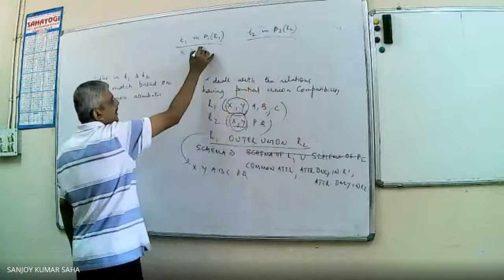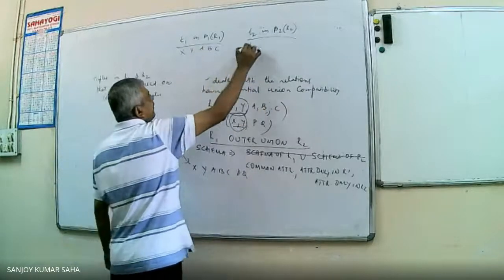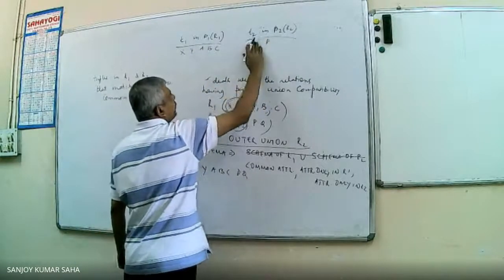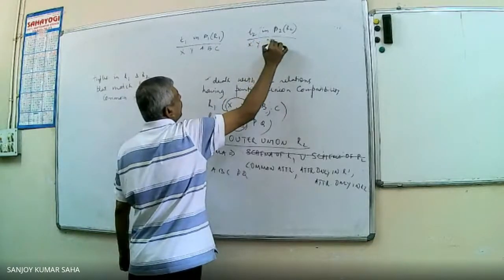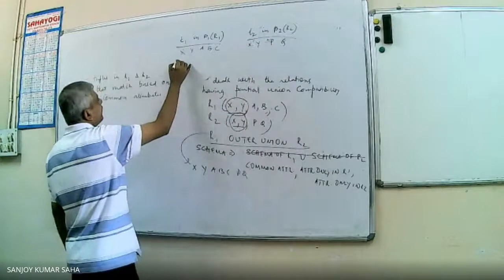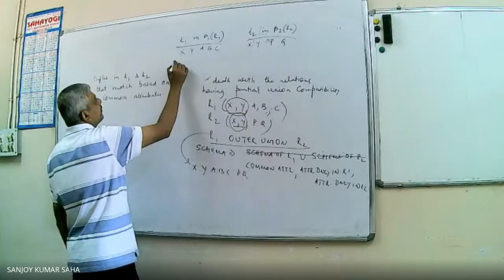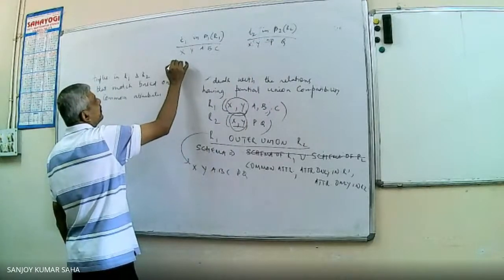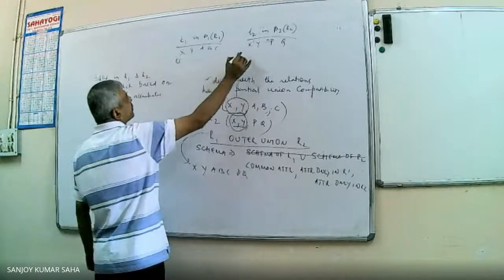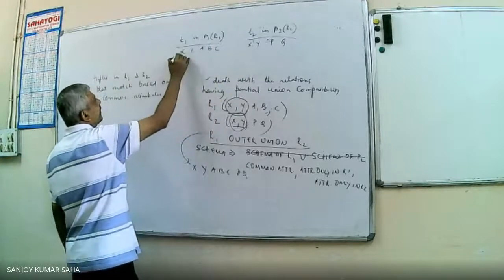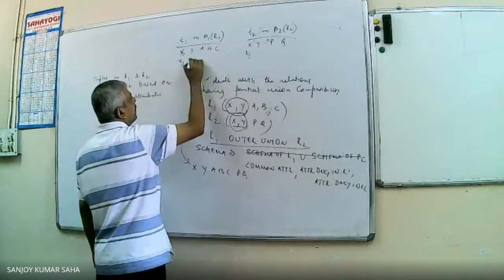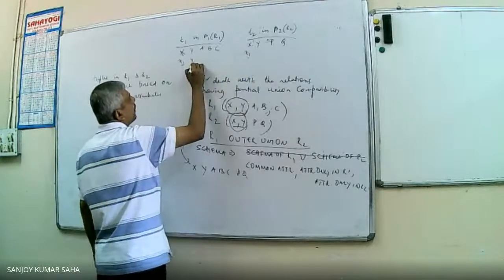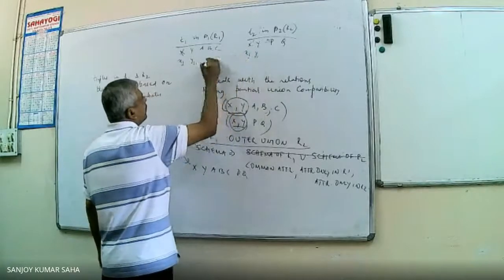Here we have X, Y, A, B, C and X, Y, P, Q. Say the value here is X1, Y1, and here also X1, Y1.